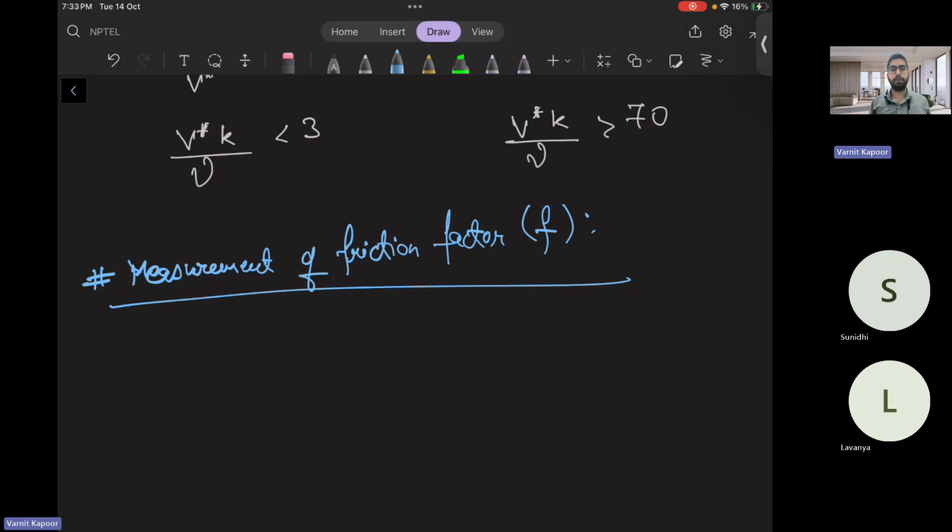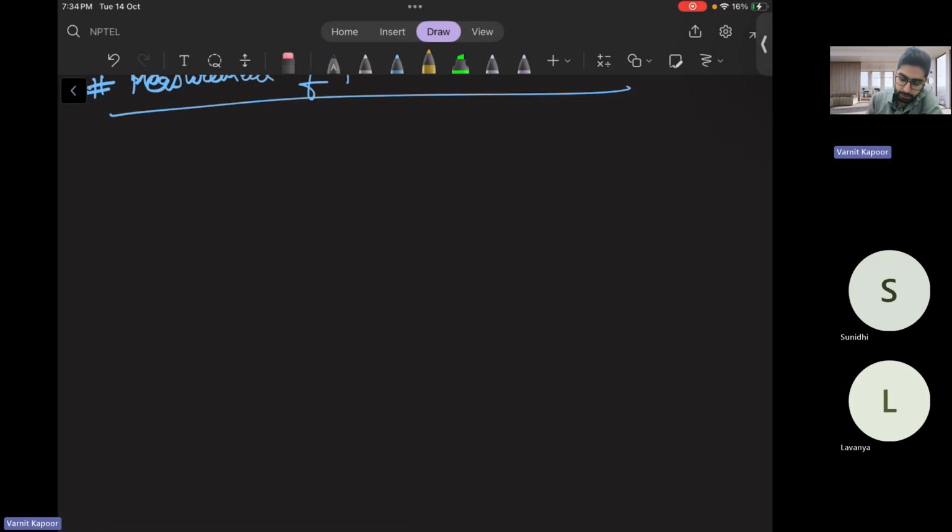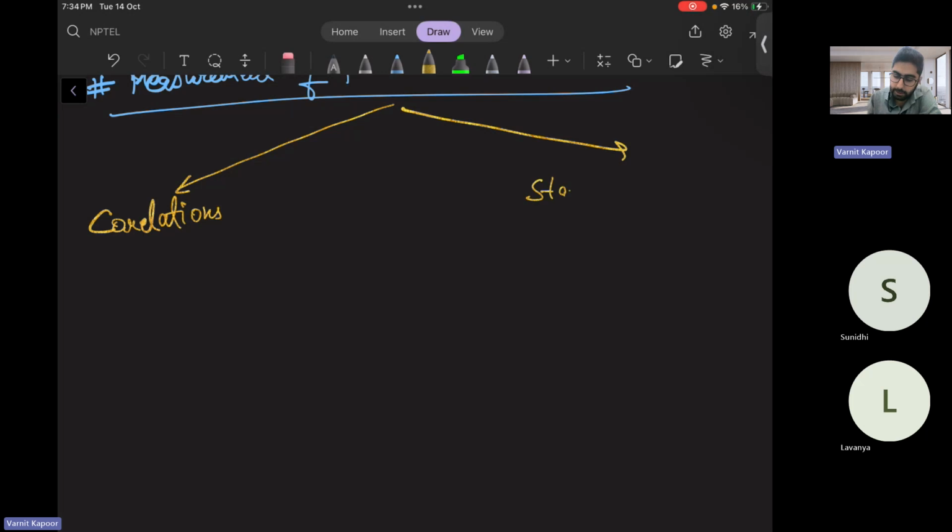One is you use a mathematical correlation, which has been derived in the literature. The other is you can use a chart that is known as the standard Moody chart. So let us go first for correlations.